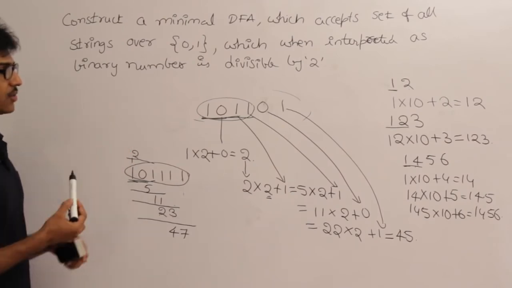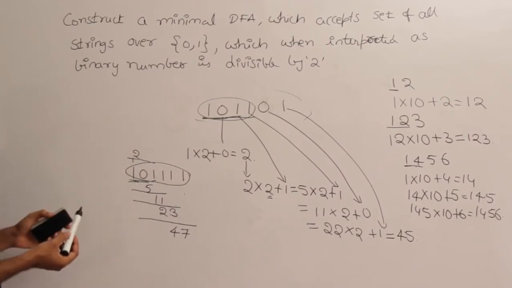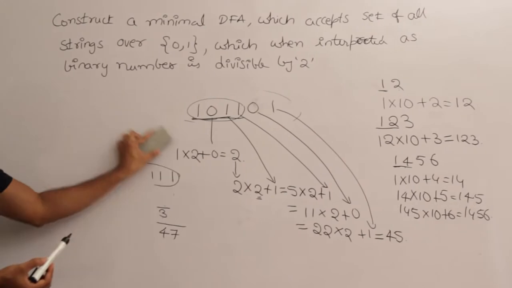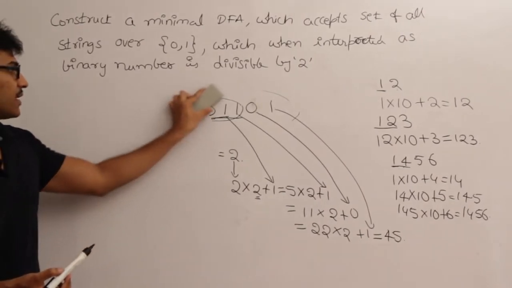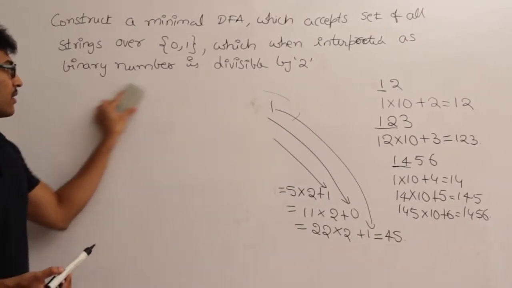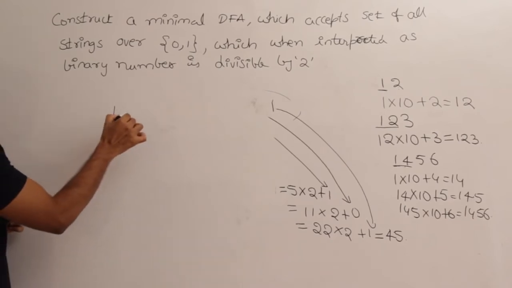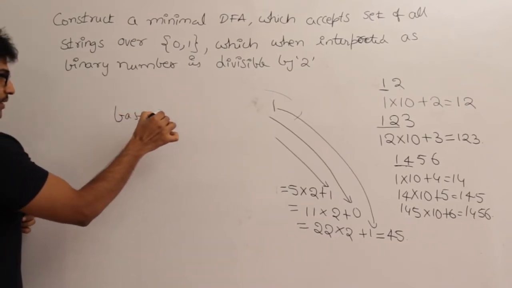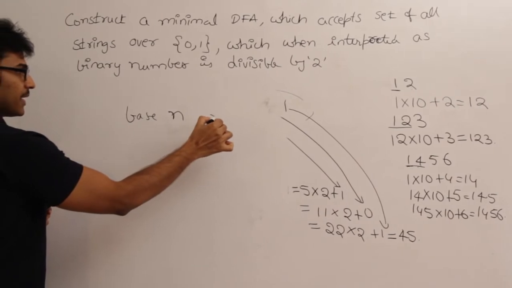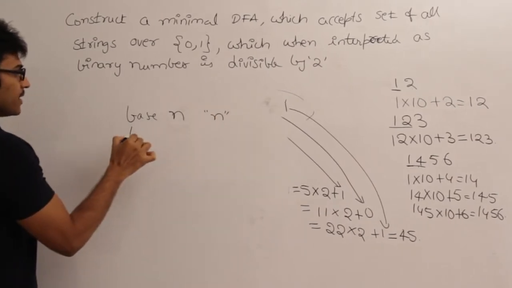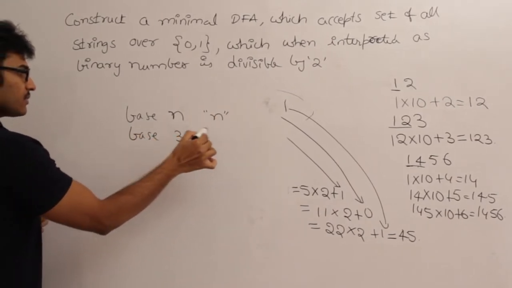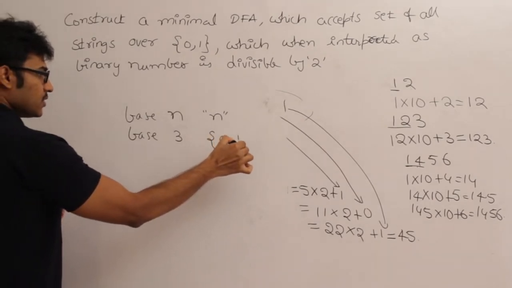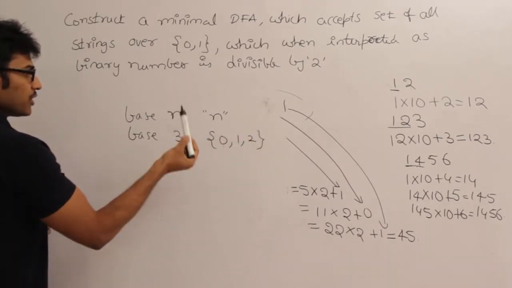You can even extend it to ternary numbers also. Let us say a ternary number. So what are the number of digits, or what are the valid symbols in a ternary number system? Always remember, if the base is some n, then it will have n number of symbols in it. If the base is 3, then it will have 3 symbols, 0 1 2, 0 to 3 minus 1.